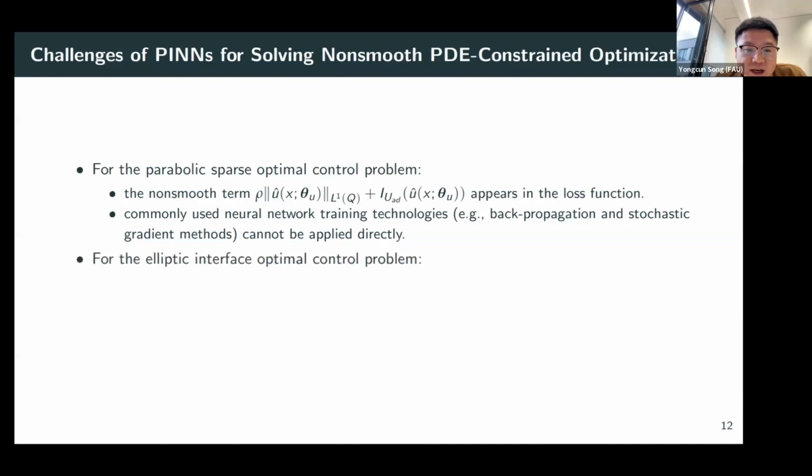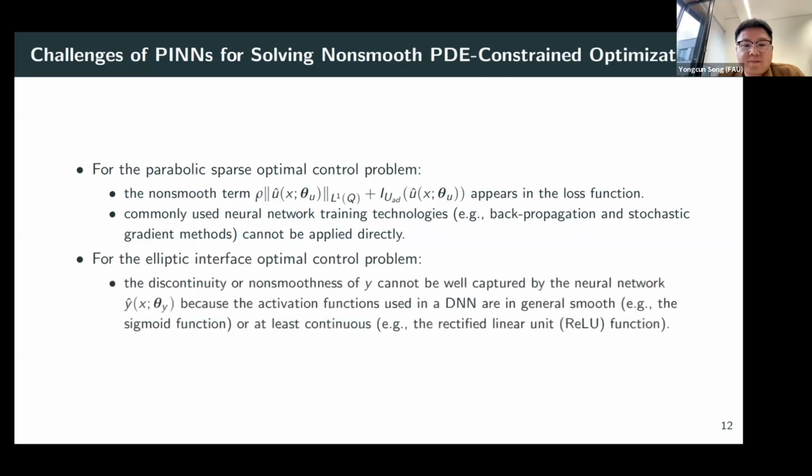And for the elliptic interface optimal control problem, the discontinuity or non-smoothness of y cannot be well captured by the neural network, because typically we use smooth activation functions, for example the sigmoid function, or at least continuous ones, in other words almost everywhere smooth, for example the ReLU function.